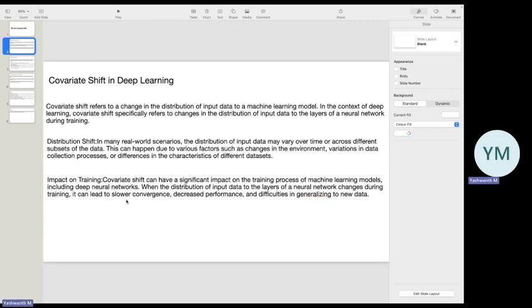Slow convergence means it takes a very long time to reach the minimum, and difficulty in generalizing to new data means it performs inferiorly on unseen data.